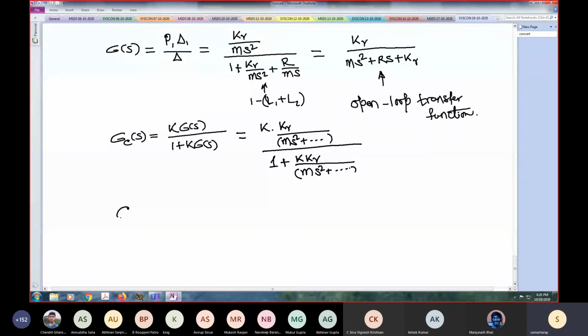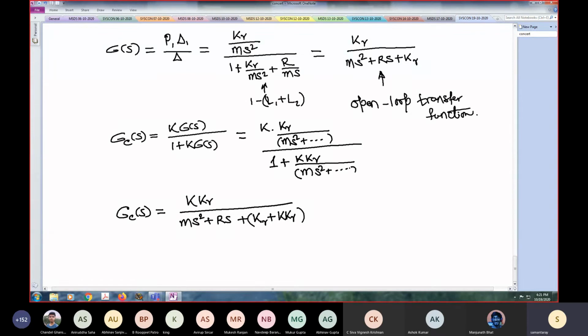So we rationalize that. It turns out to be K Kr by ms square plus Rs plus Kr plus K Kr, or Kp Kr.